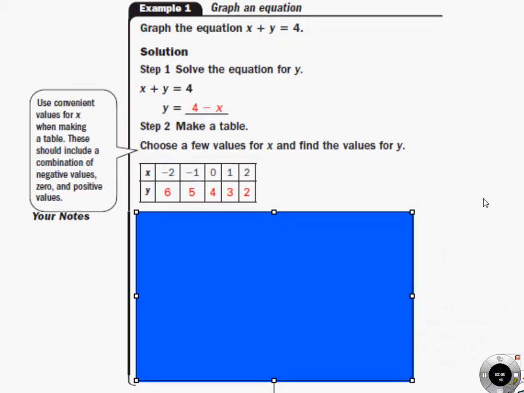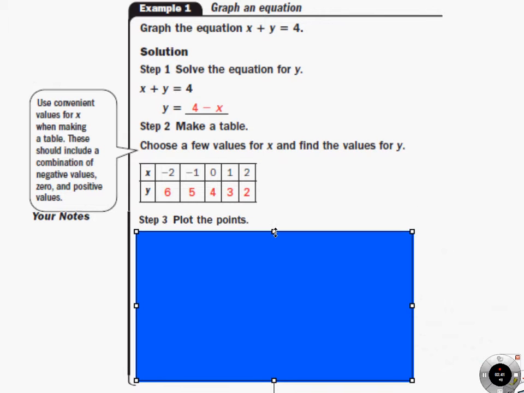When you're not sure what a pattern is, and you're not given any restrictions, the 4 values or 5 values that I would recommend are -2, -1, 1, and 2, if you're looking for 4 values, or -2, -1, 0, 1, and 2 for 5 values. Once you've decided which values you would like to put in for x, then you can solve for y. As you can see, when x equals -2, y equals 6 in this particular equation.